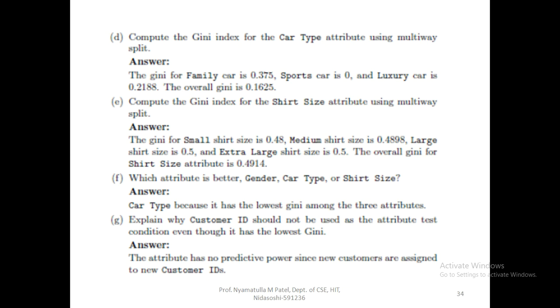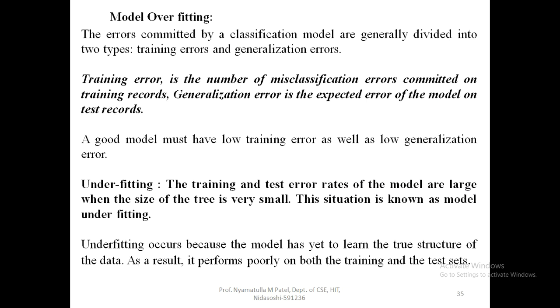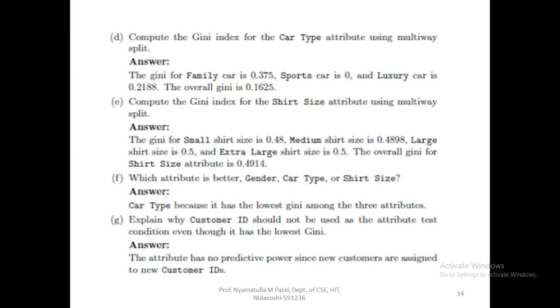For example, shirt size will remain constant, either small, medium, large or extra large. Car type also remains constant, whether it is a sports car, family car or a luxury car. For that reason customer ID is not fixed. As new customers come, they will be assigned new customer IDs.